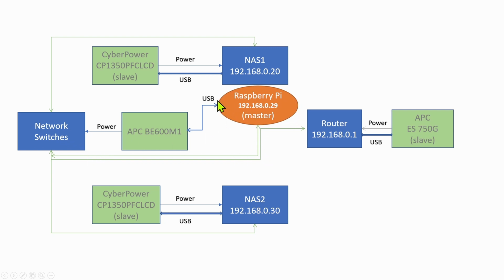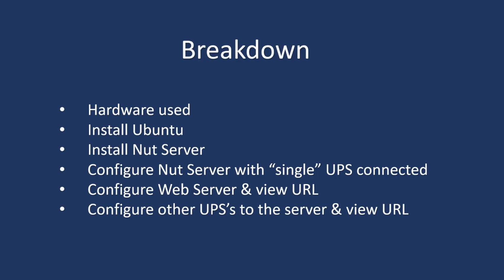So now, once I install the NUT server and configure it, it can easily communicate to all these UPS. It's a one-way communication. Just these things report information to the Raspberry Pi. It collects it and reports it. So next, we'll discuss how we go about installing the NUT server.